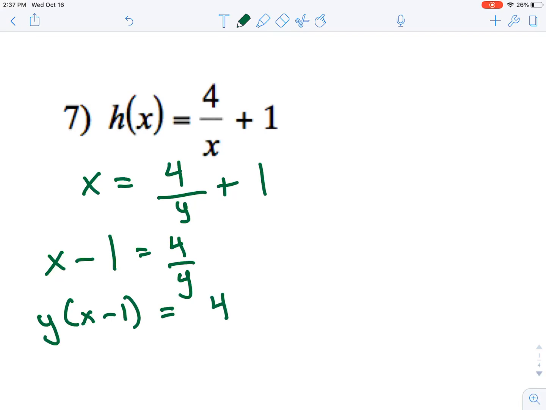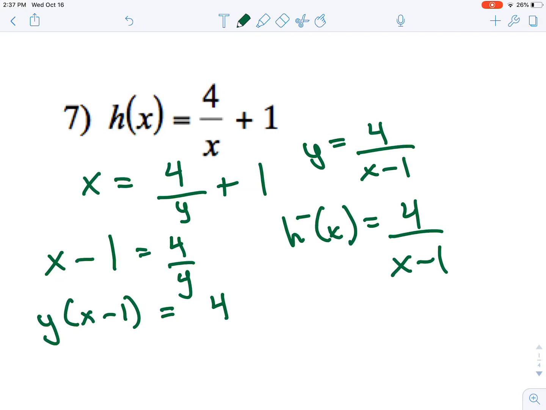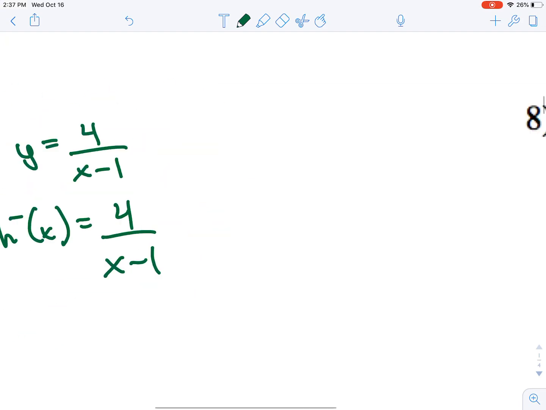And then all I have to do is divide by x minus 1 on both sides, which leaves me with that. And using some algebra ninja skills, we have solved number 7.